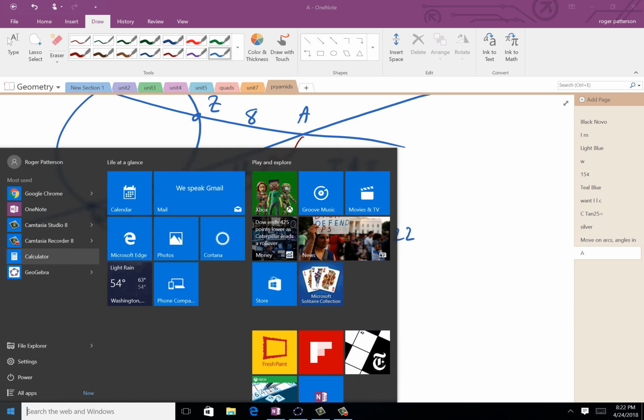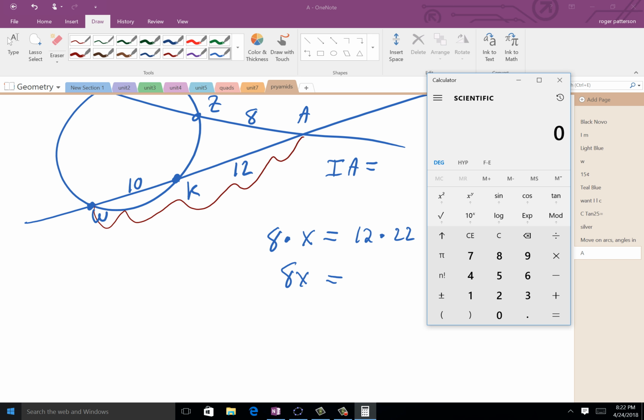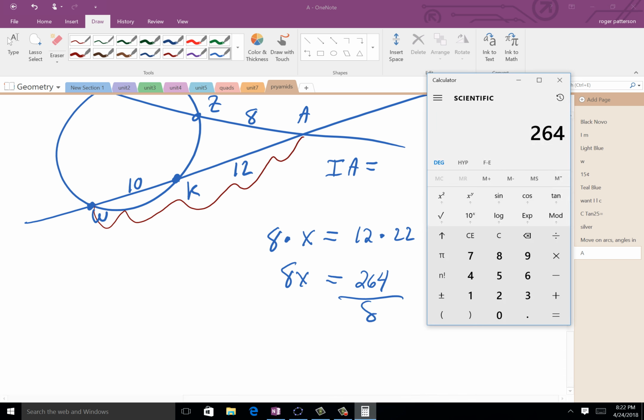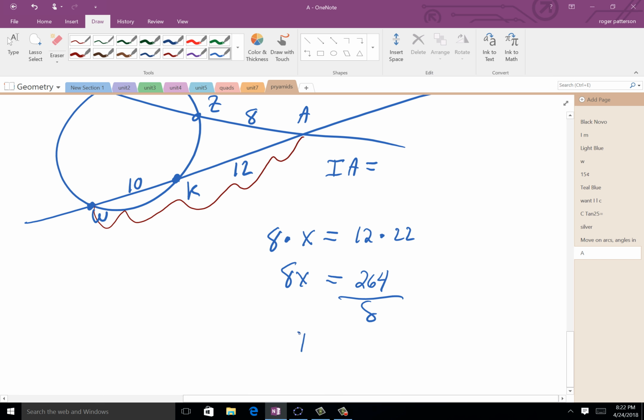Let me get my calculator out. 264. And then divide that by 8. 33. So IA is 33.